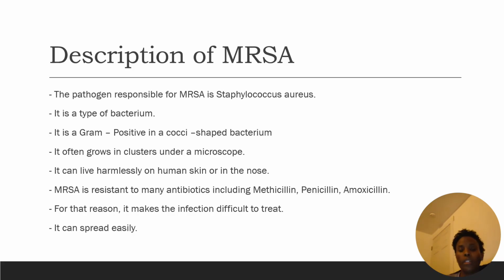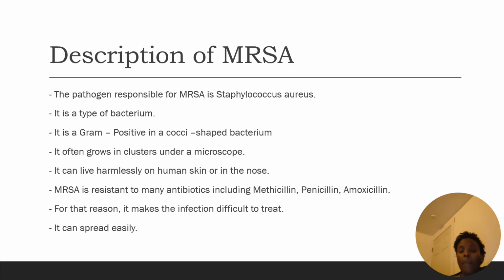The pathogen responsible for MRSA is Staphylococcus aureus. It is a type of bacteria. It is a gram-positive, round-shaped bacterium. It often grows in clusters and it can be seen under a microscope.